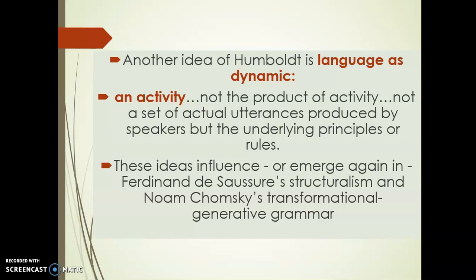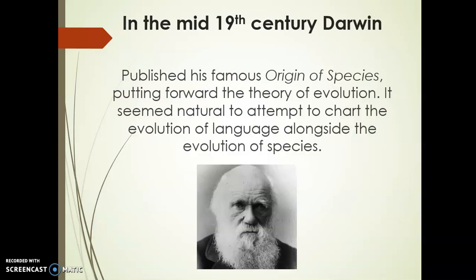It's not the product of activity, not a set of actual utterances produced by speakers, but the underlying principles of rules. Again, Chomsky, universal grammar. Okay, these ideas influence or emerge again in Ferdinand de Saussure's structuralism and Noam Chomsky's transformational and generative grammar. You see that Saussure and Noam Chomsky took ideas from Humboldt.